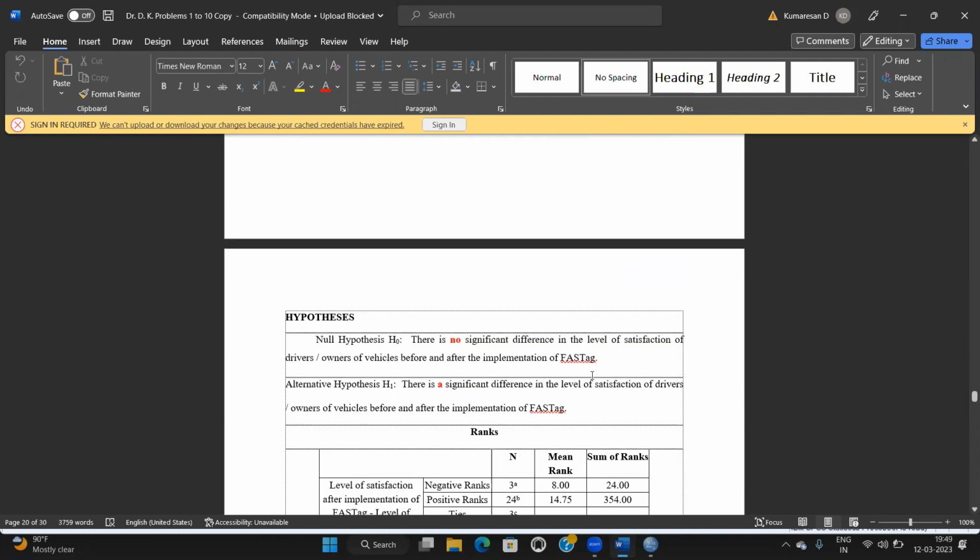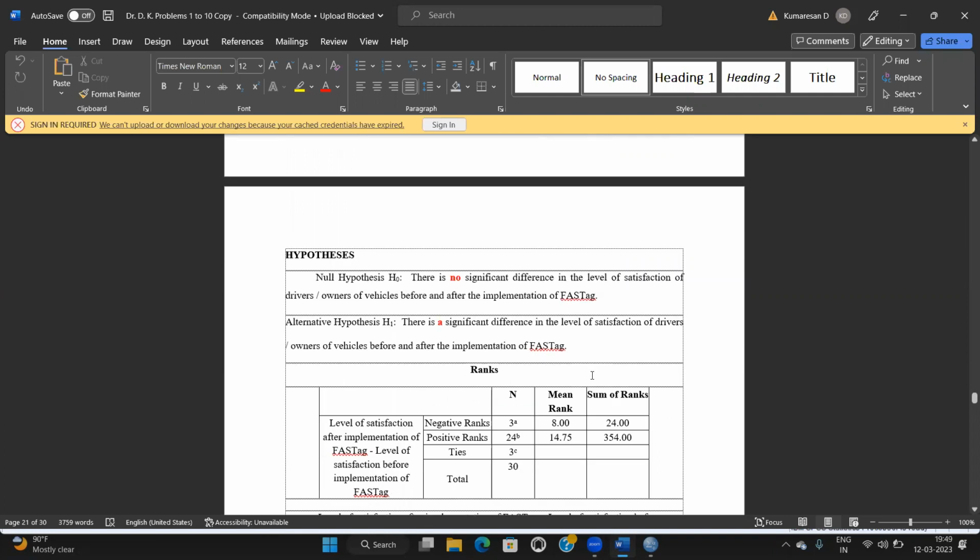Obviously, the null hypothesis is: there is no significant difference in the level of satisfaction of drivers or owners of vehicles before and after implementation of FASTag. Alternative hypothesis: there is a significant difference in the level of satisfaction of drivers or owners of the vehicles before and after implementation of FASTag.